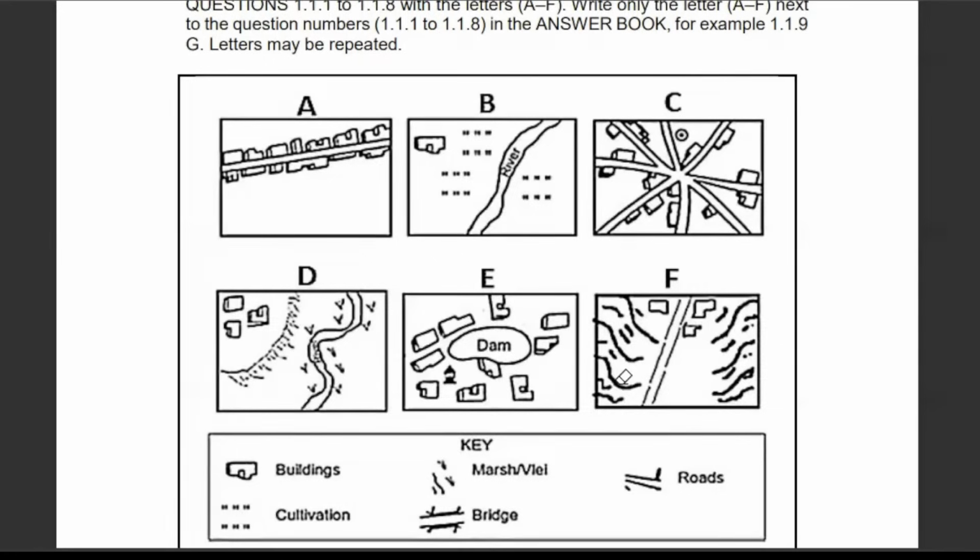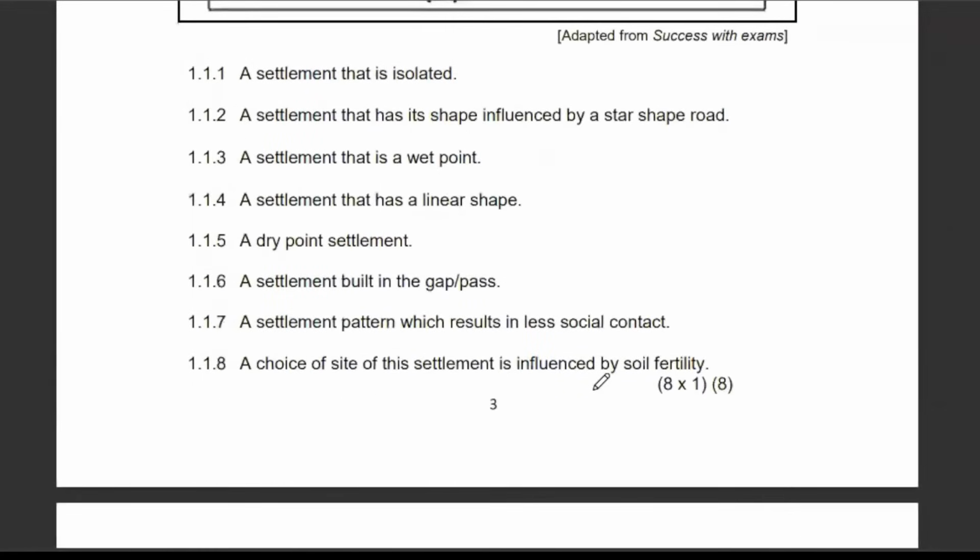So if we analyze using our symbol of the building on those given settlements, we find that settlement number B is the one that is in isolation. You can see that there is only one building here, and this whole area is cultivated land. There is no other building around to suggest that there are other settlements around. So it implies that this settlement is in isolation, one on its own. So the correct response is item B.